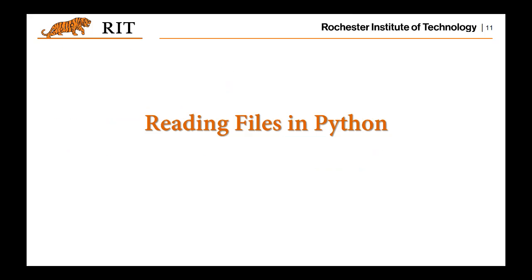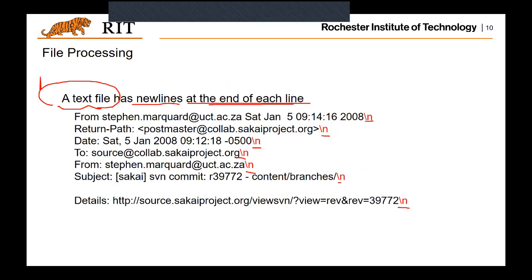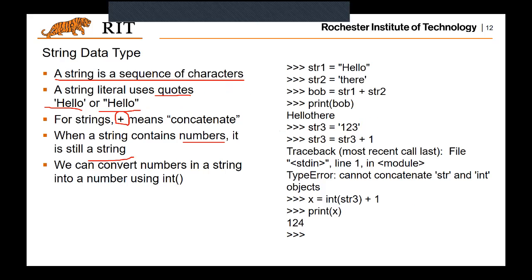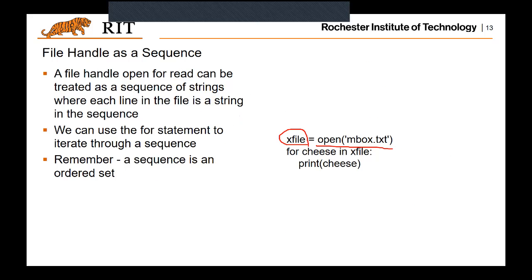That means if we look back at this, each line of these is a string. When you use the open function to read and return the handle, each line of these is a single string, and this handle will be the sequence of strings, because that's a sequence.